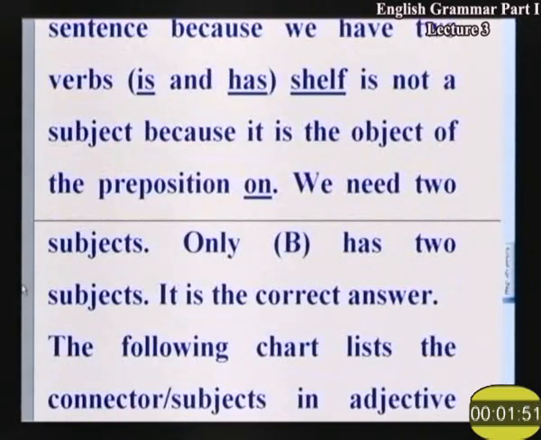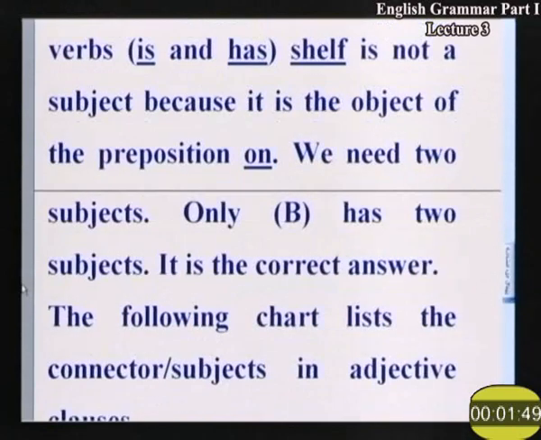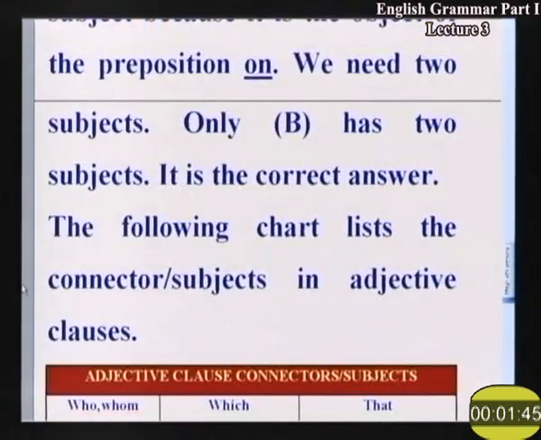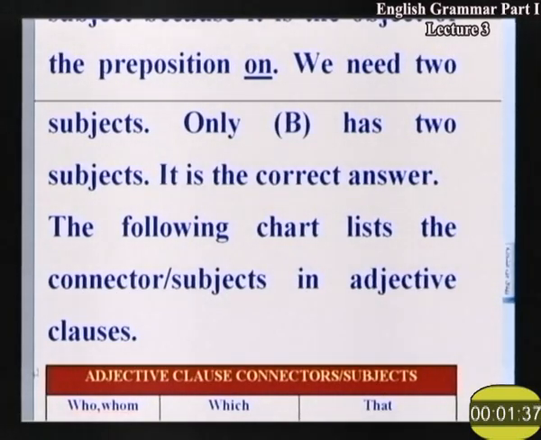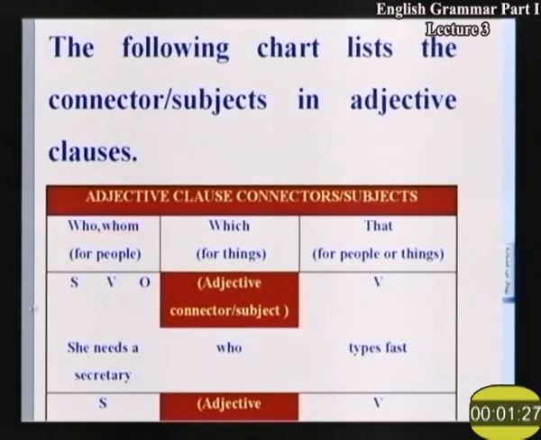It is the correct answer. All right. The following chart lists the connector subjects in adjective clauses. يعني ايه the connector subjects؟ احنا عارفين بقى connector subjects يعني the connector which is a subject at the same time in the adjective clause. طيب who for people, which for things, that for people or things.